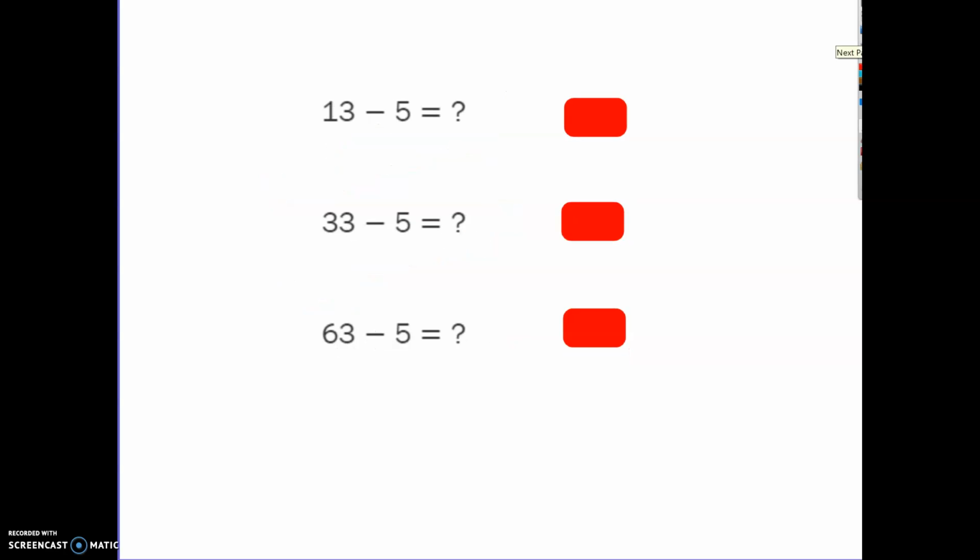Now let's work on some subtraction basic facts. 13 minus 5 is 8. My next problem is 33 minus 5, so I'm going to think, how many tens did I go up from 13 to 33? 23, 33, that's 2 tens, which is 20. Add that to the 8, and I'm going to get 28.